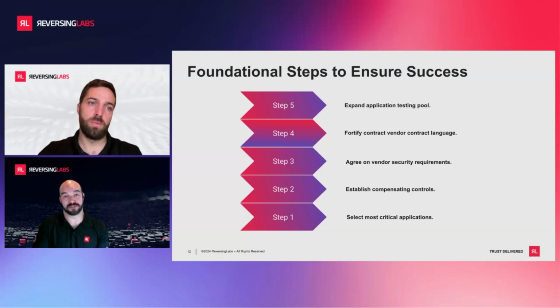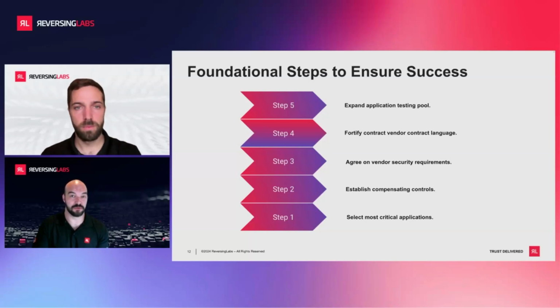So what is your internal policy that existing and new vendors have to abide by to maintain that contract standing? What are the specific threat categories that you want to monitor? Things like malware, tampering, suspicious behaviors. Those are the sorts of risk vectors that you want to account for.